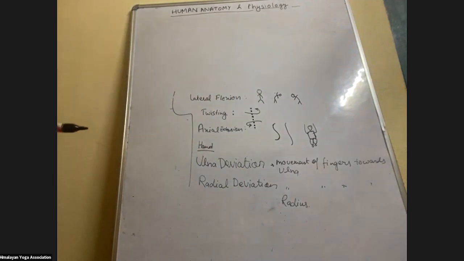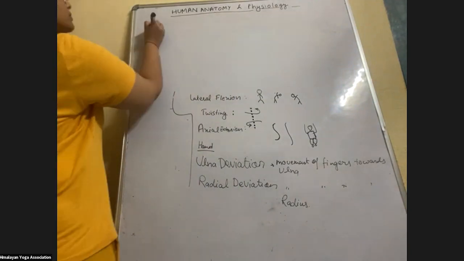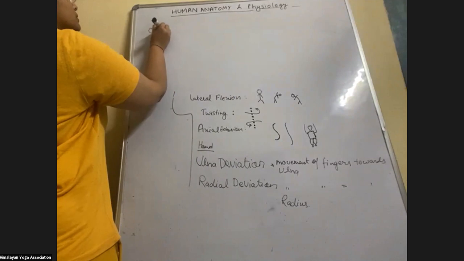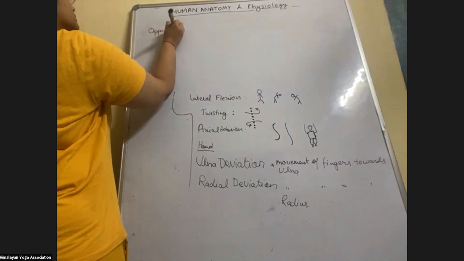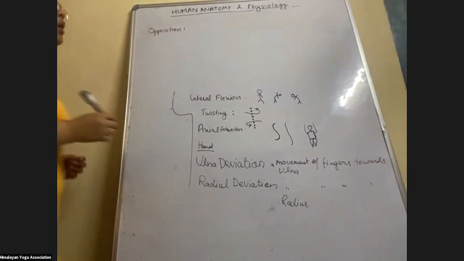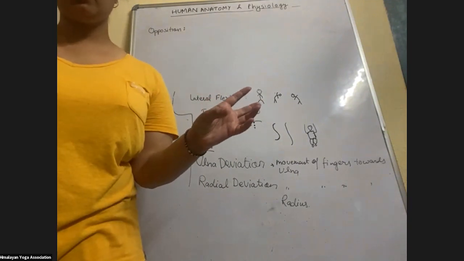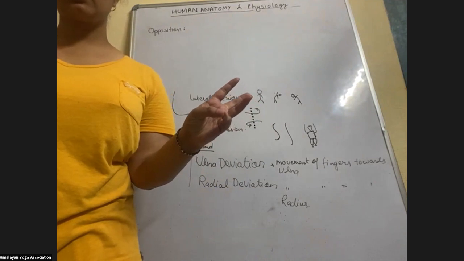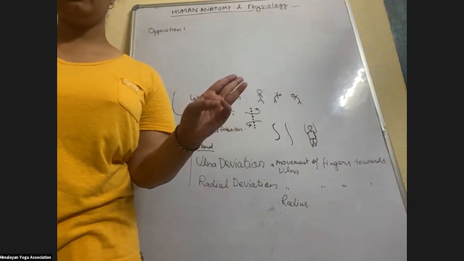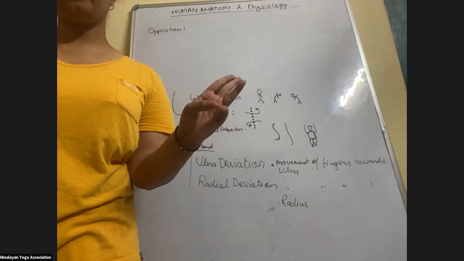Then we have opposition. Opposition is when I am moving the little finger and the thumb together.